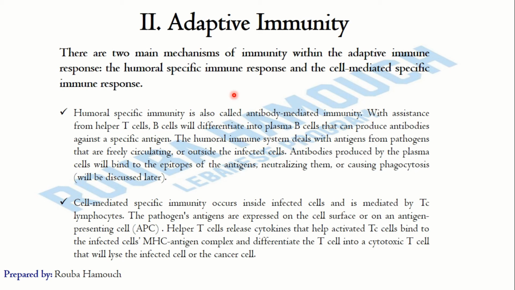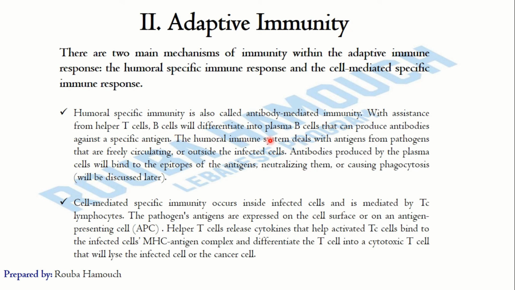Now, with the cooperation between the T helper and the B lymphocytes, these latter will differentiate into plasma cells secreting antibodies against specific antigen. So we talk about a cellular cooperation between T helper and B lymphocytes. B lymphocytes will differentiate into plasma cells that will secrete circulating antibodies against specific antigens.